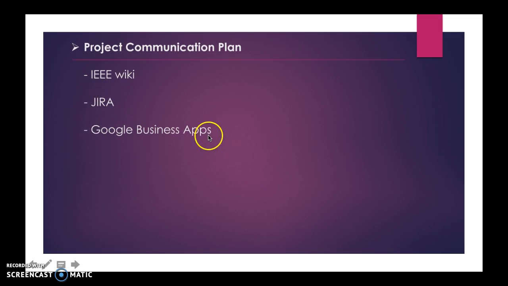And finally, we use Google Business Apps, where we share our Excel sheets or data information within the developers, the QA teams, or the business teams. So these 3 are the important tools that we use for the project completion communication plan.